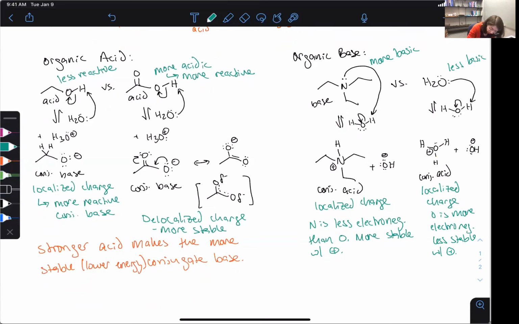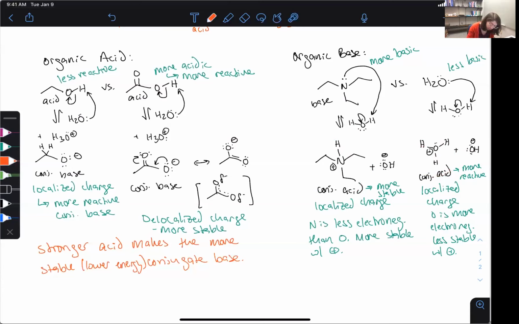leading this conjugate acid to be more stable and this one to be more reactive. Okay, so if we're comparing the two acids, this is a stronger acid than this is because that oxygen more desperately wants to get rid of the H plus so that it can go back to being neutral oxygen again.